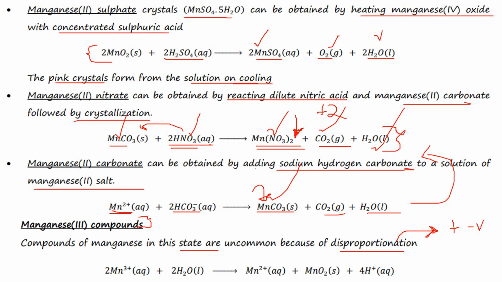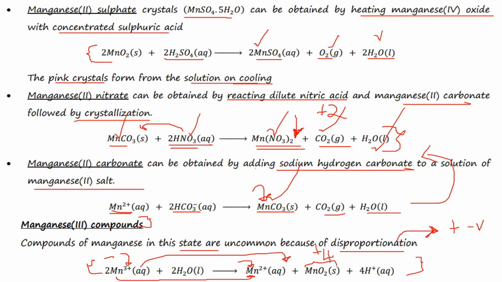If you look at this equation that we gave as an example down here, manganese currently is in the +3 oxidation state. But if you look at the product side, in one of the products manganese has gone to the +2 oxidation state. That means that the same species has been reduced. But also we have formed another product of manganese, manganese(IV) oxide, where manganese is present in the +4 oxidation state.